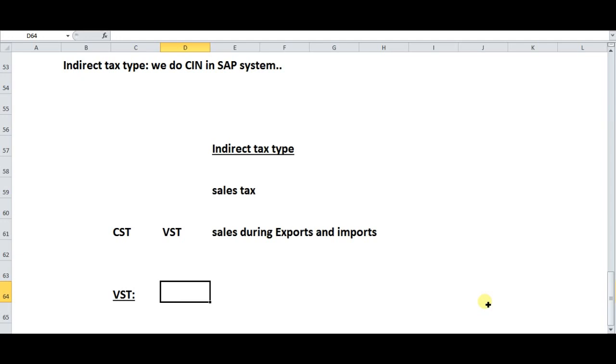It is the most important revenue for the state government. Levied on sales of goods within the state.